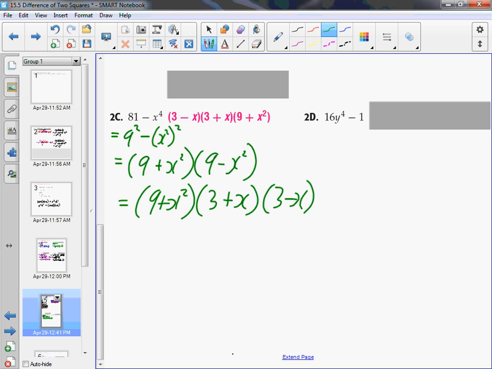You can try all day long to factor that one if you want to, but you can't. Not just you. Nobody can. It's not factorable. If you can, always be looking. Well, because is that a difference of two squares? Yes.